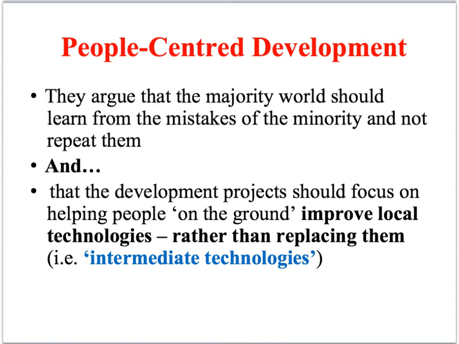And the second key principle is this idea that development should help people on the ground by improving what they already do rather than replacing their lifestyle and their technologies with a Western model. So the mantra of improving rather than replacing is at the heart of people-centered development.